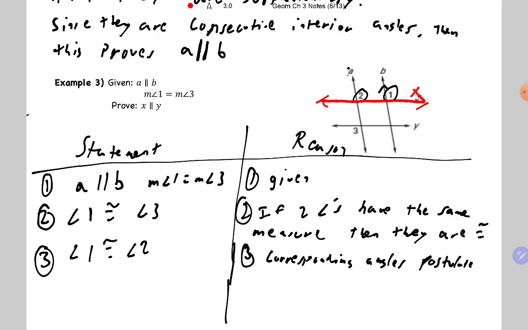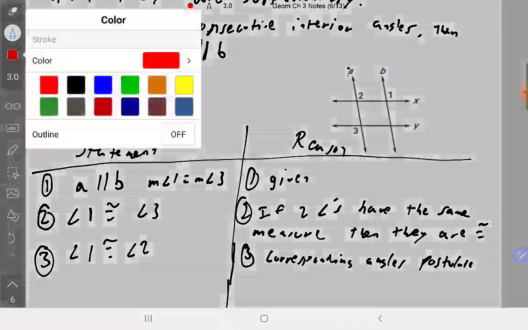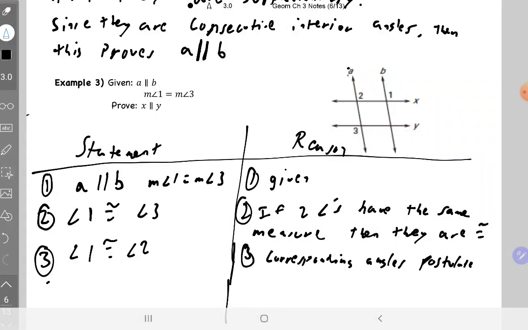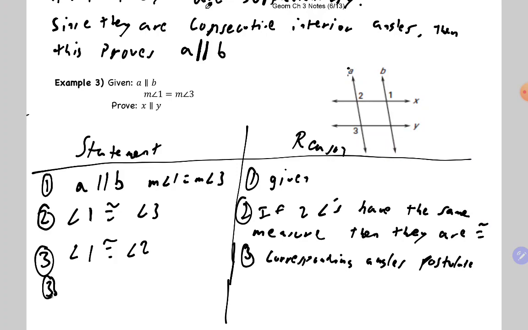Okay, now I can say therefore angle 2 is congruent to angle 3, and that's through the transitive property.